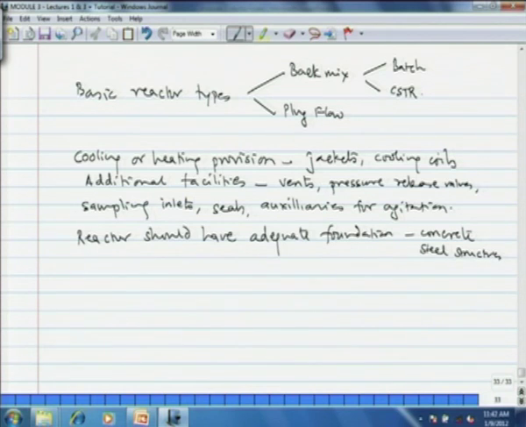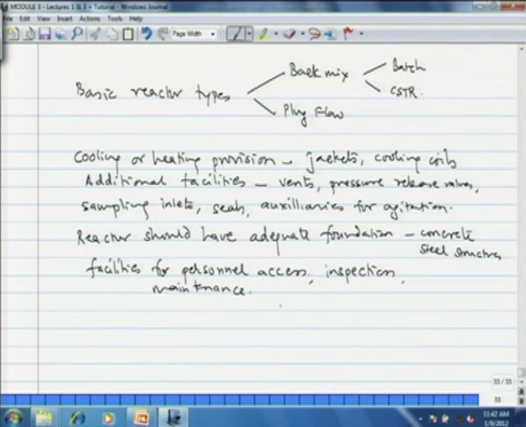Then we have to provide facility for personnel access, like providing manholes in the reactor for inspection. We have to provide view windows, like glass windows to the reactor, through which the operator can see inside the reactor, and certain provisions for the maintenance.